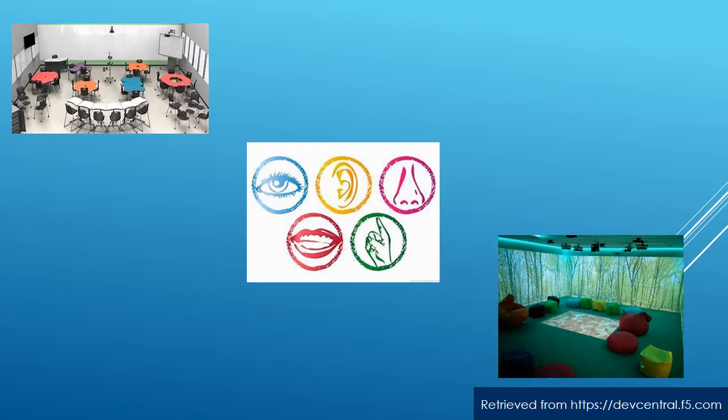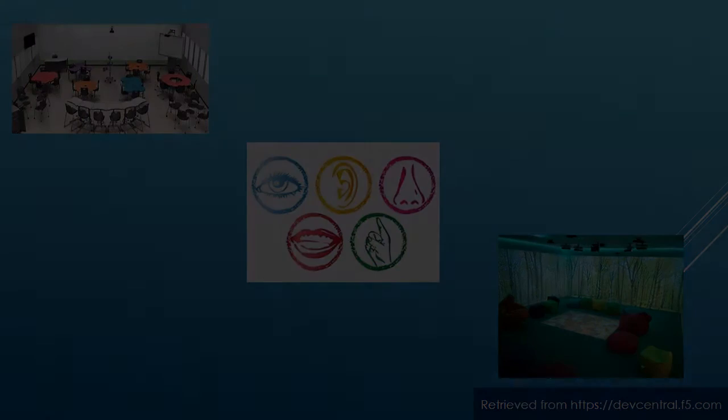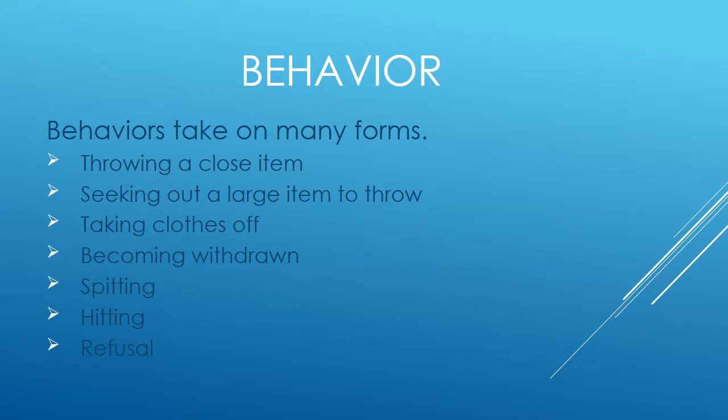In terms of an ABC chart, the antecedent is what happens right before the behavior. Behaviors take on many forms. Some examples are throwing a close item, seeking out a large item to throw, taking clothes off, becoming withdrawn, spitting, hitting, refusal.